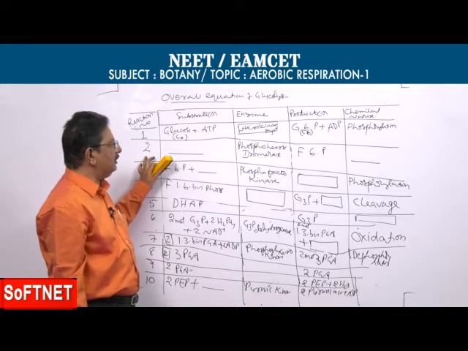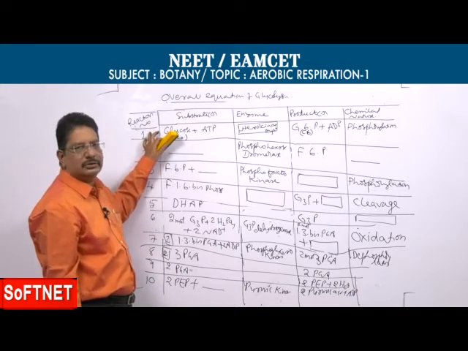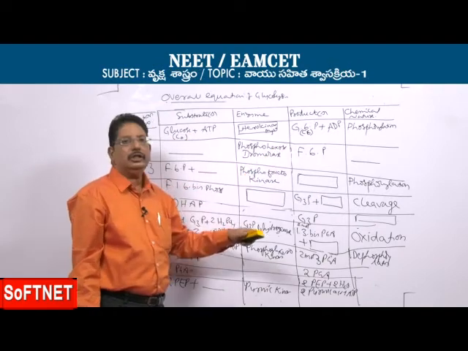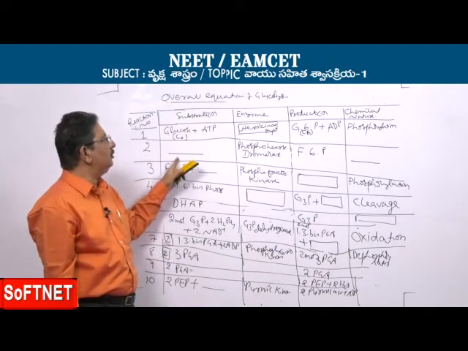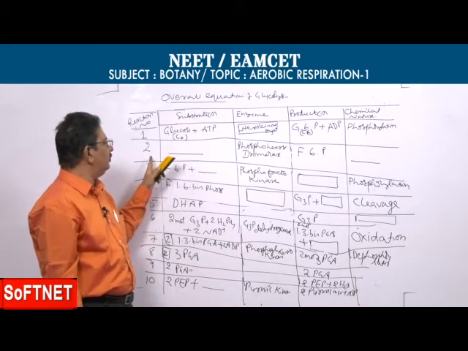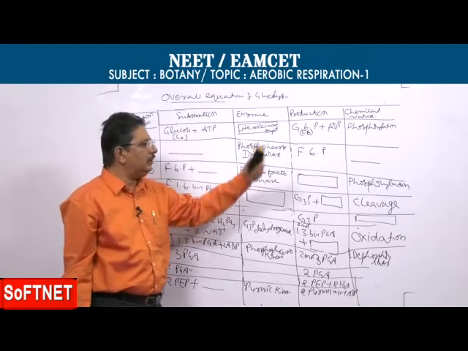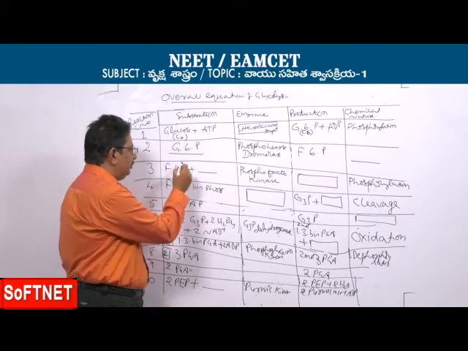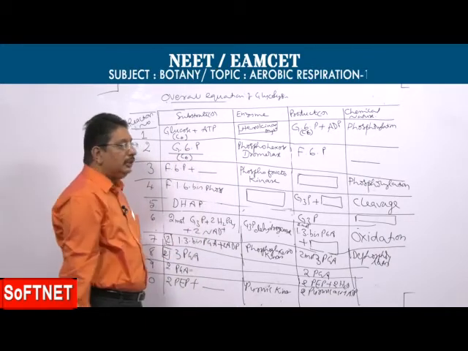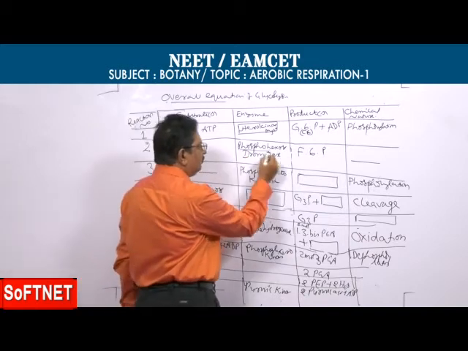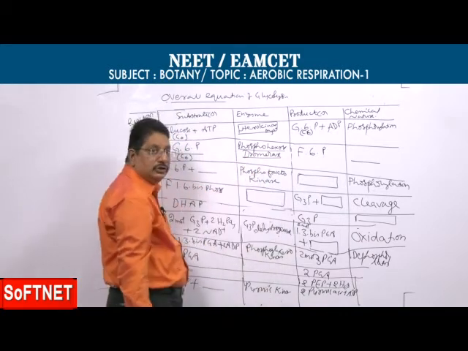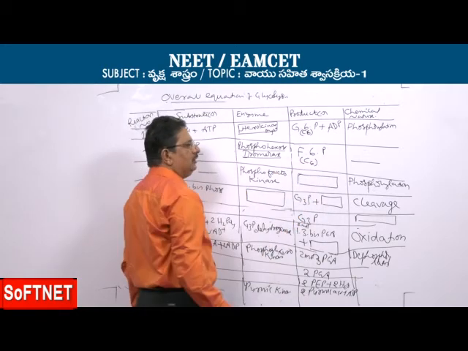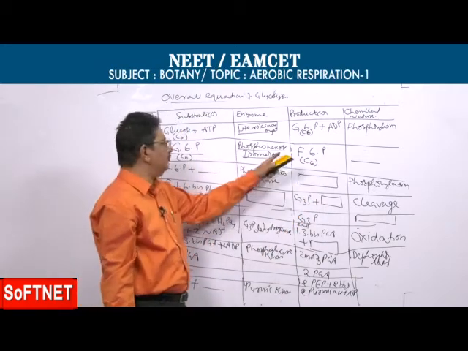Next, coming to the second one. The second reaction occurs after the first. Naturally, in a metabolic process, the end product of the previous reaction is going to be the substrate for the second reaction. So, take that glucose 6 phosphate, a C6 compound, which in the presence of the enzyme phosphohexose isomerase converts into another hexose, fructose 6 phosphate.